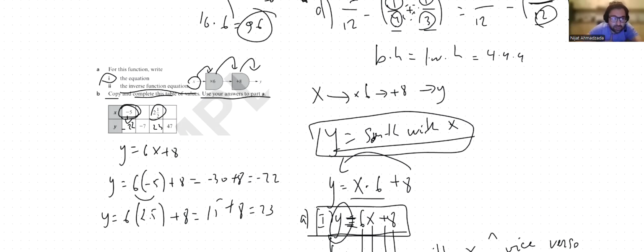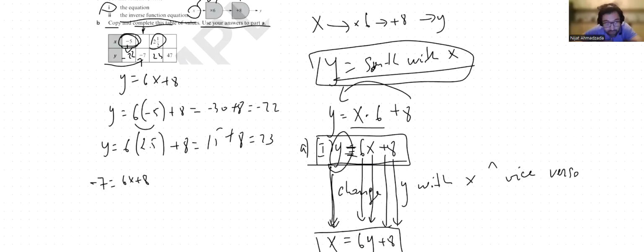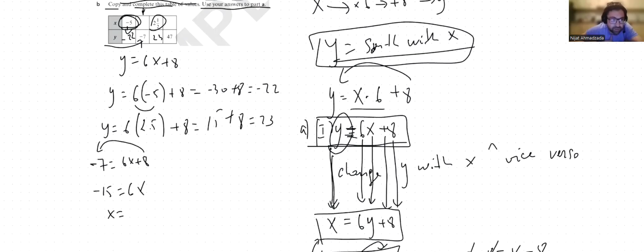Now these parts require us to get x, but we know y. So y is negative 7. So negative 7 is equal to 6x plus 8. From here, we can find x. Negative 15 is equal to 6x, because we took the 8 to the other side, meaning x is equal to negative 2.5.